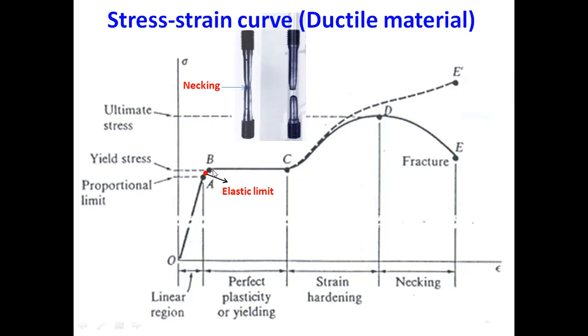This plot, the full line or dark line, is based on the constant diameter, constant area. But we know that when deformation occurs in the material, this diameter would not be constant. So we are moving a little bit away from reality.